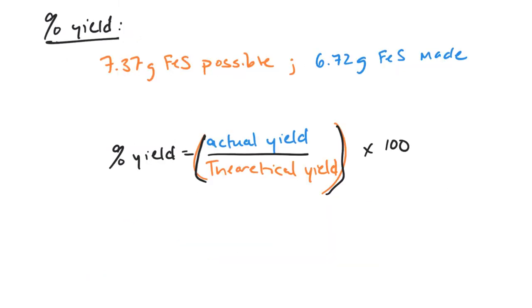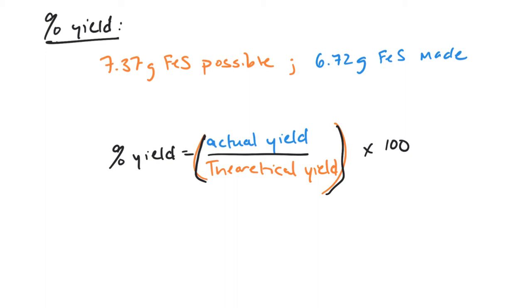Okay, so if I was able to, in theory, make 7.37 grams of iron sulfide, and I actually only made 6.72 grams of iron sulfide, in order to calculate the percent yield, which is how much of the theoretical yield I was able to isolate, I'm going to take the actual yield, divide it by the theoretical yield, and then multiply that by 100.